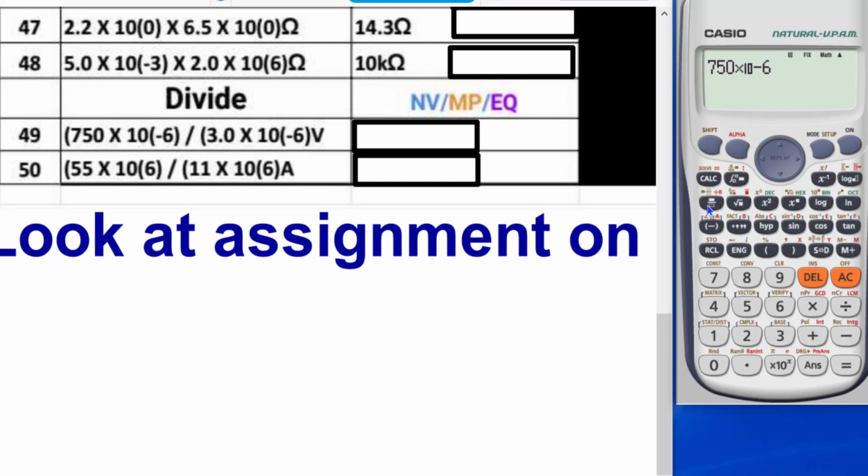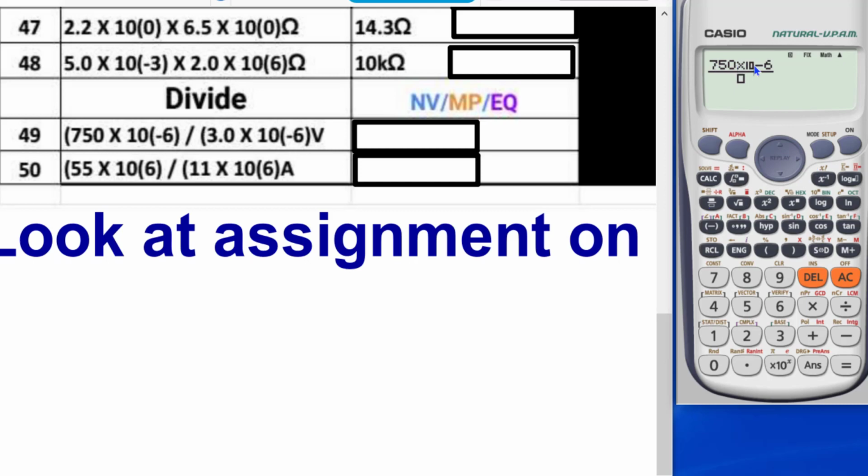Looking at our calculator, I prefer to hit this button right here, because this is a natural display calculator, and if we hit our over-under button, it allows us to enter numbers into our calculator exactly as they would appear on paper in formulas such as Ohm's law that we'll be dealing with later. Trust me, it's better to use over-under, because when we get into using Ohm's law, this is exactly how it will appear on paper, and it'll be more clear to you.